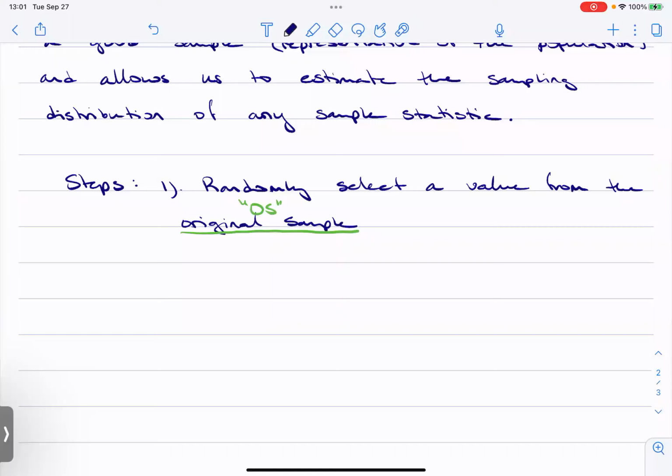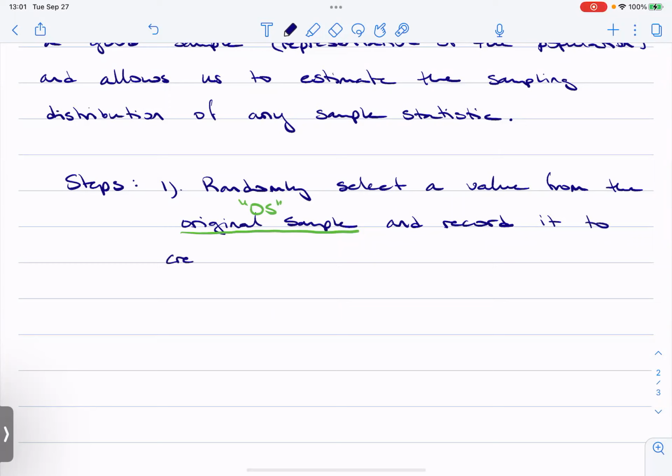So you randomly select a value from the original sample and you record it to create the start of a new sample.